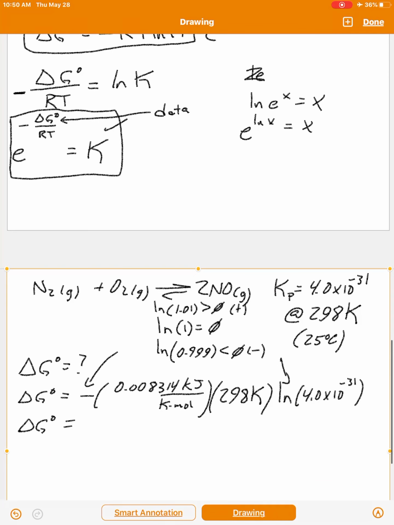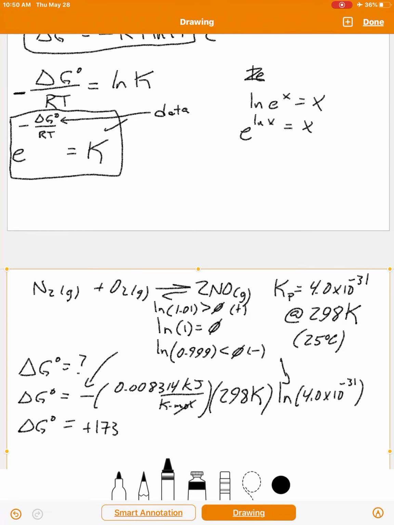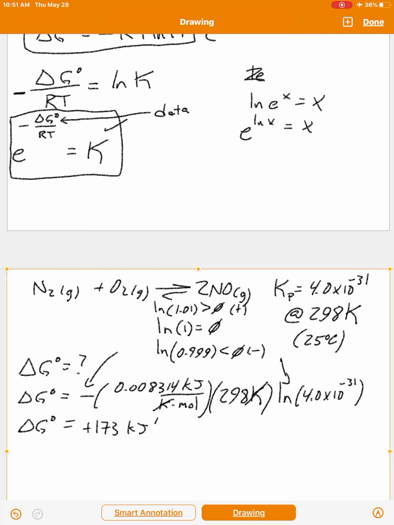I'll just round it to 173. Remember, this was kilojoules, right? So the moles cancel. Oops, sorry, the moles do not cancel. Sometimes I get excited about canceling units. I go a little bit overboard. The Kelvin cancel, so you've got kilojoules per mole.